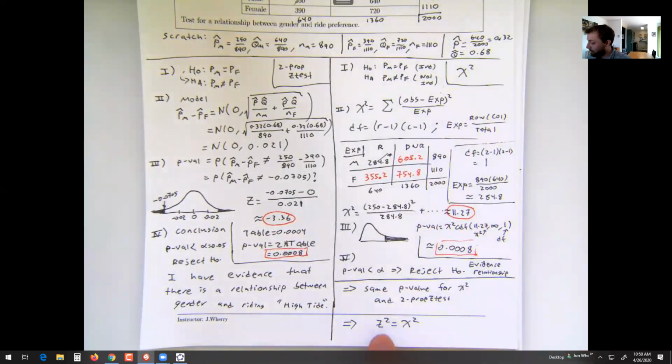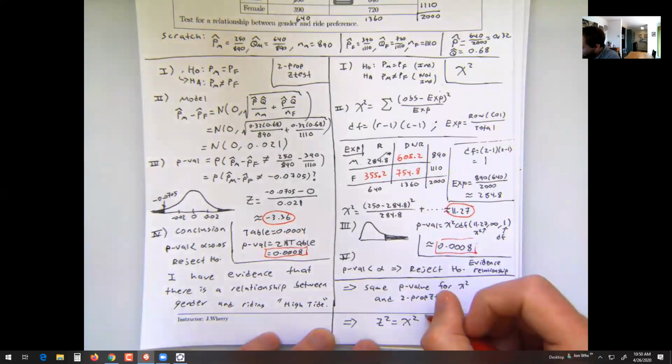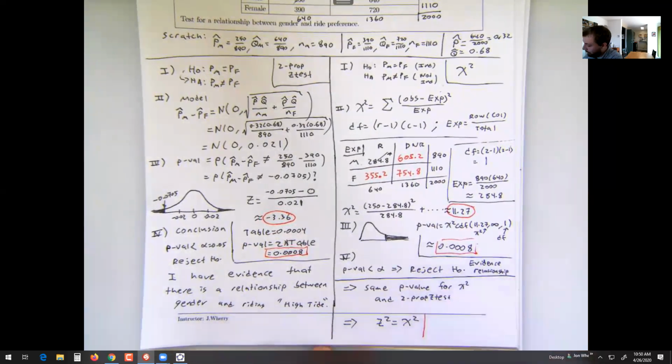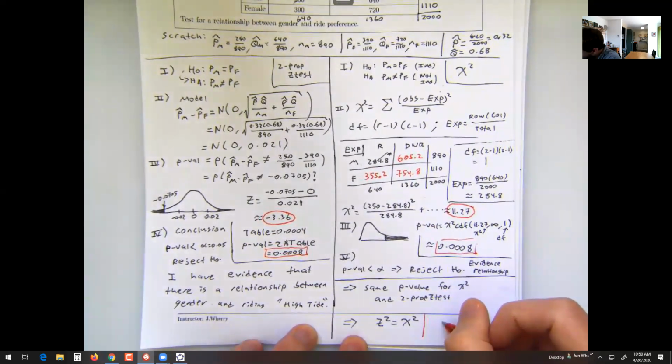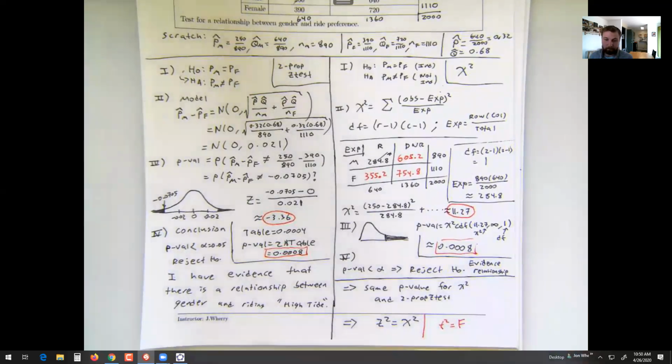I had the relationship z-squared equals chi-squared. Likewise, when I did the same thing for quantitative data, I ended up having the relationship that t-squared was equal to F. So this tells me that in a lot of ways, chi-squared and z are really similar models, and t and F work very similarly as well. So you have options when it comes to your statistical analysis.